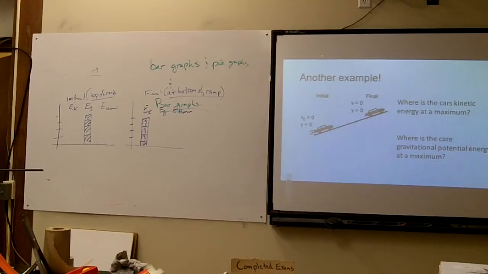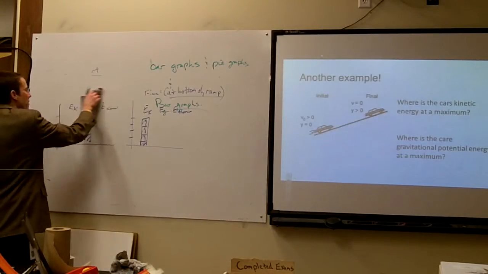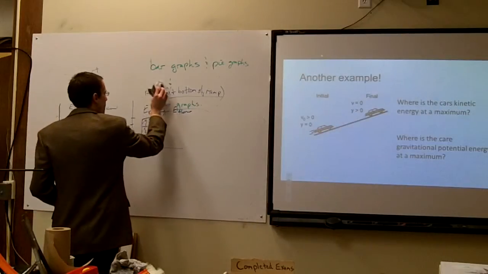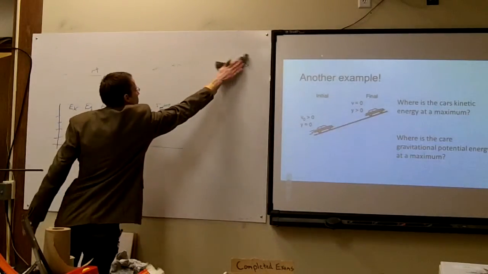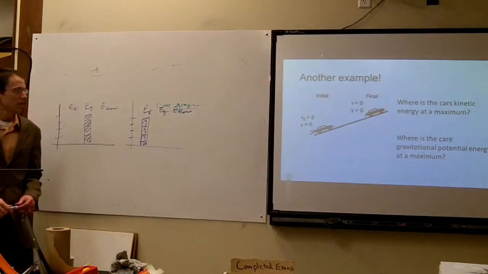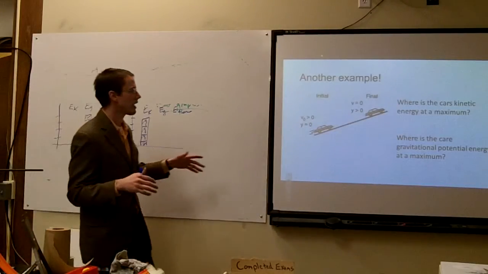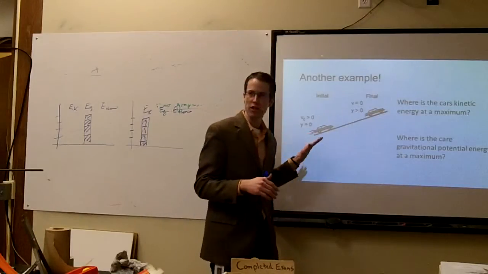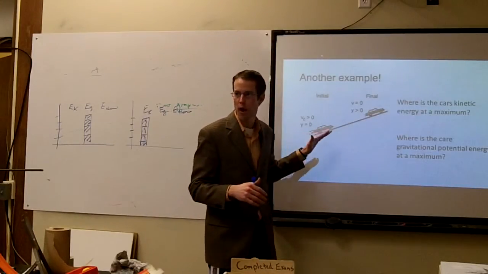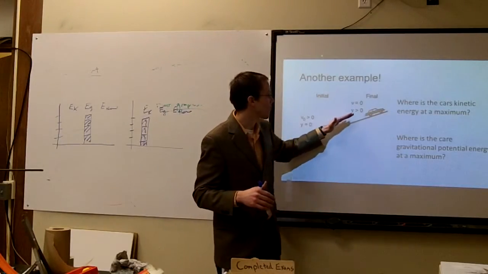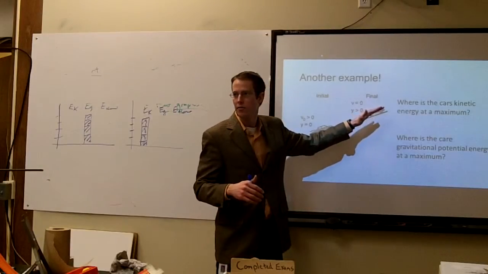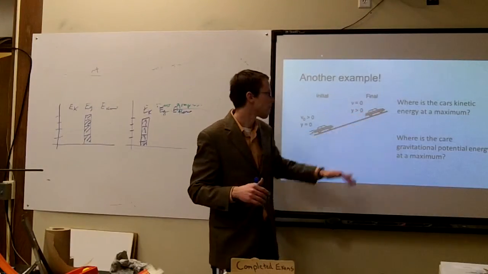All right, so here's another example. Lots of examples. Now in this situation, you have to look at the problems and decide what's going on. So this is a car that's going up a ramp. What's happening to its speed as it goes up the ramp? It's decreasing.